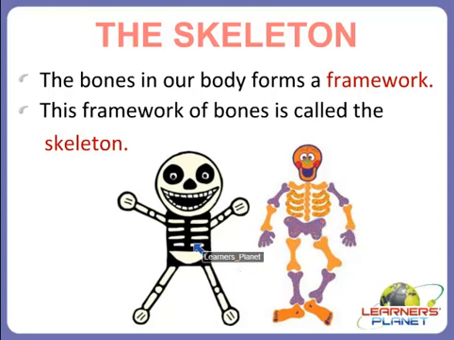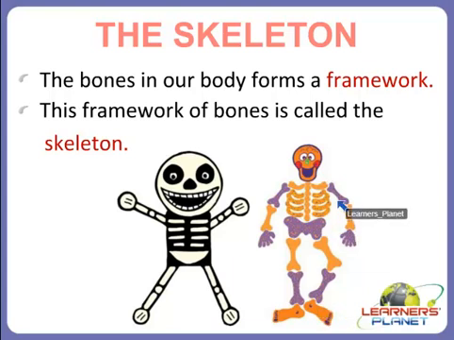So we can see that here is a very happy child standing straight, standing still. Why? Because the bones in the body of this boy have given it a shape and support. And this is also a skeleton in which we can see the framework of different bones.